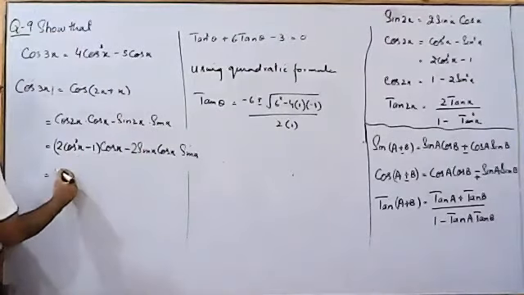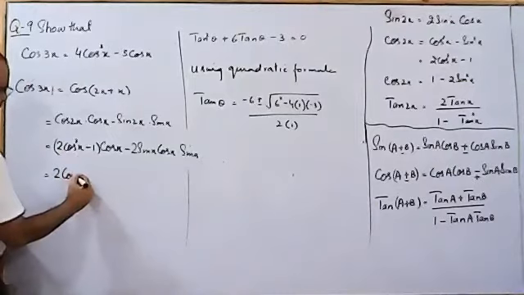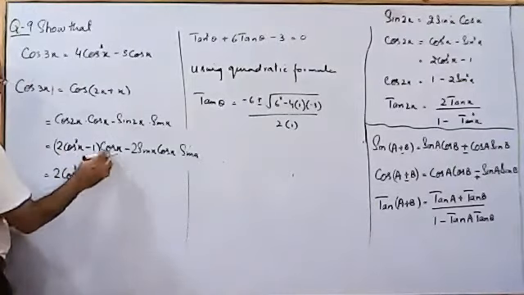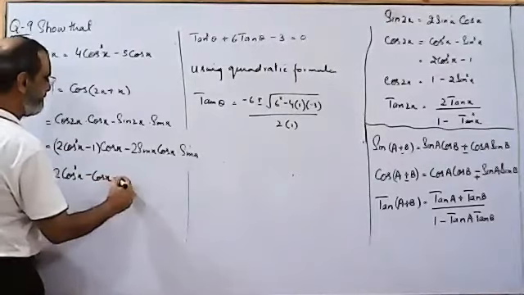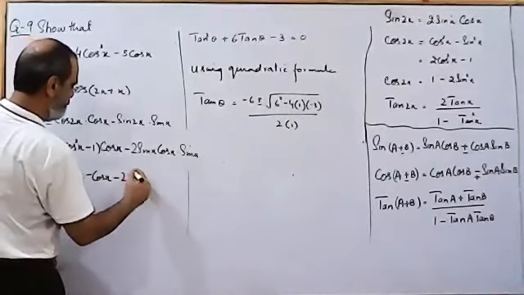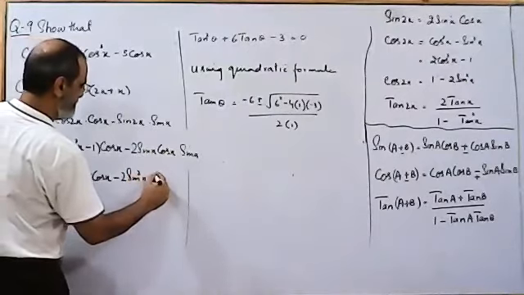Multiplying, further simplifying, we get 2 cos cube x minus cos x minus 2 sine square x cos x.